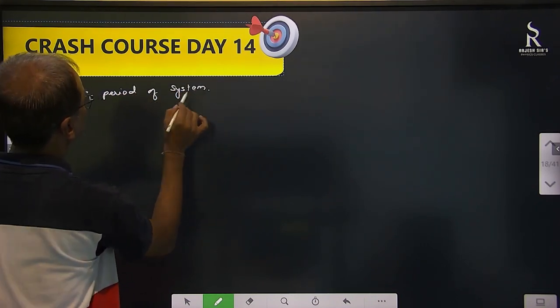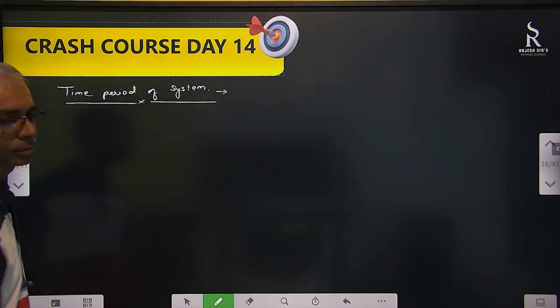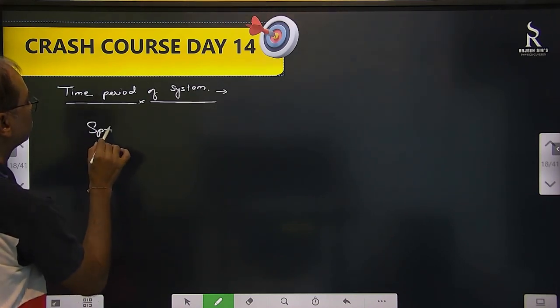Two systems are there: one is spring mass, the other one is simple pendulum. The spring mass we'll see first.